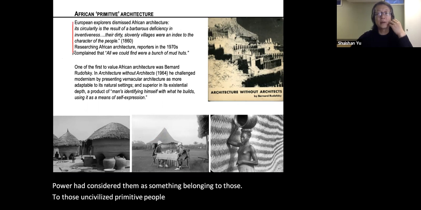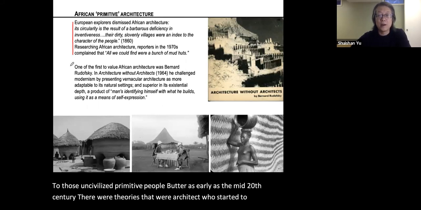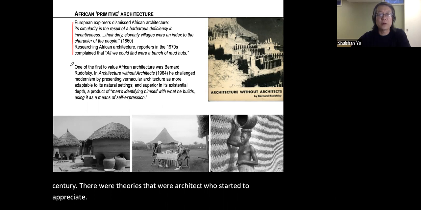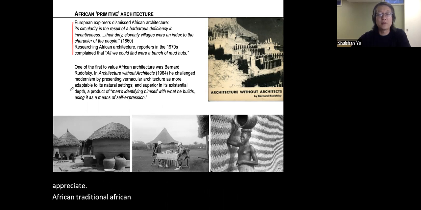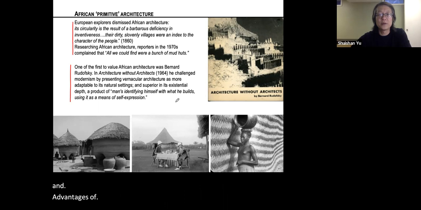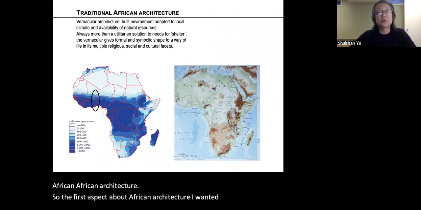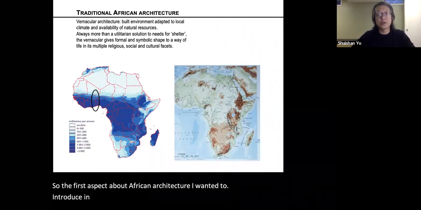But as early as the mid 20th century, there were theorists and architects who started to appreciate traditional African architecture, especially when environmental issues became a problem. So we started to see more and more the benefits and advantages of African architecture.